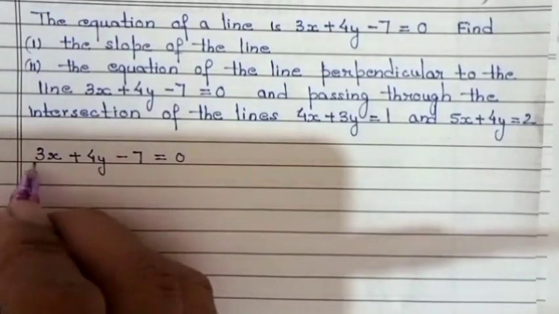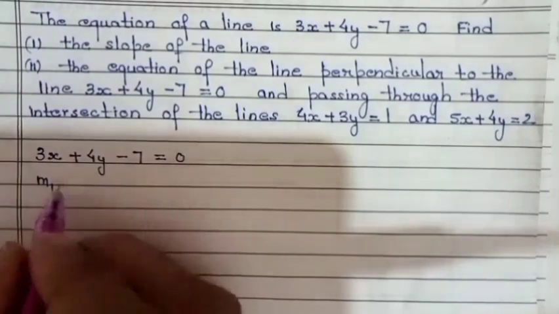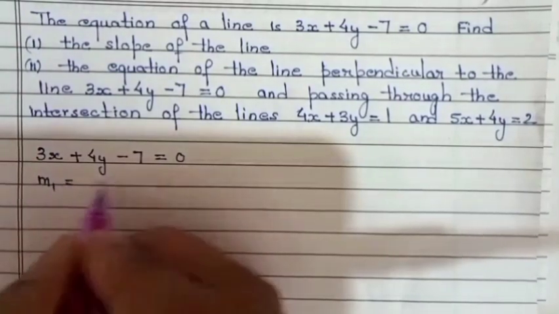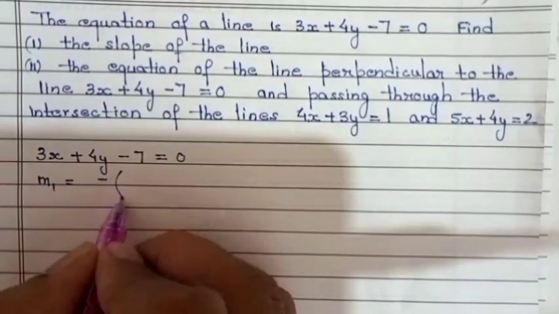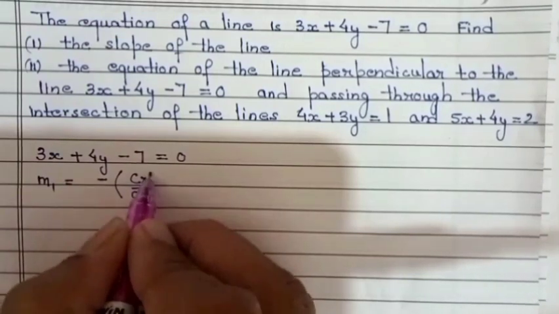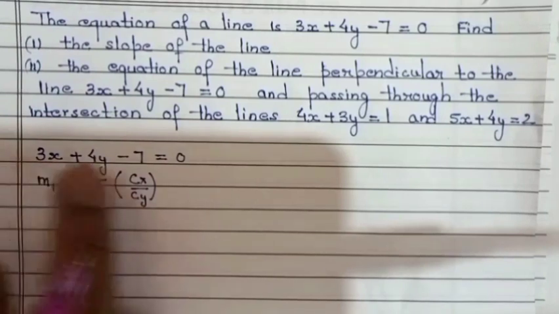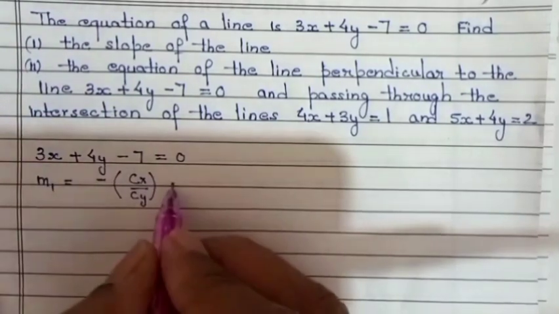So let the slope of this line be represented as m1 and we will be using the formula negative coefficient of x upon coefficient of y. Now this formula we use to find the slope of a line when the equation of a line is known to us.